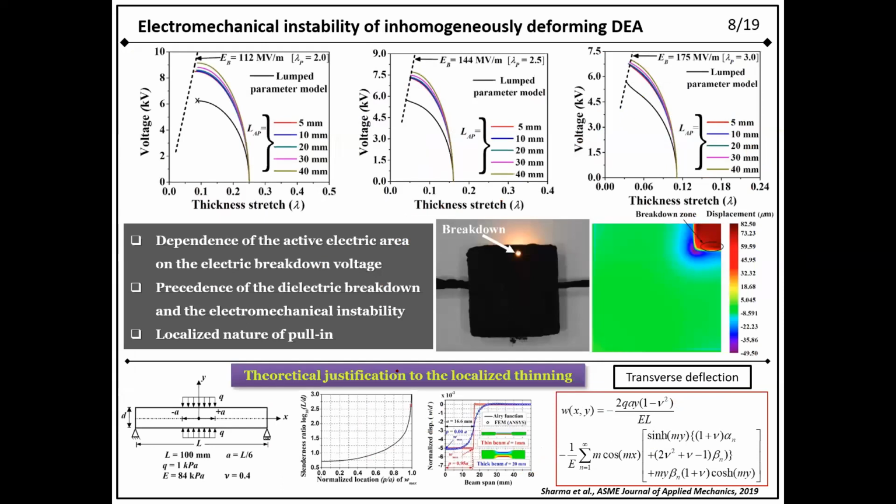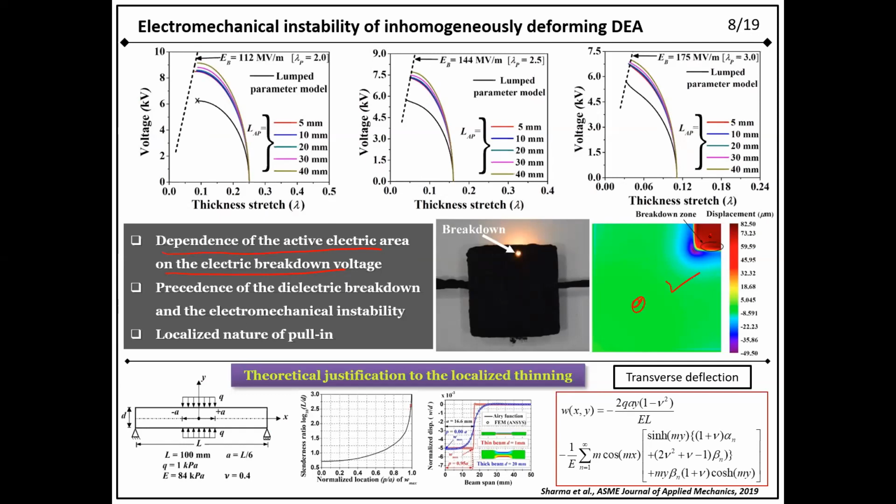For a particular case, this is the response, or the displacement profile, the thickness displacement profile. Here the deformation level is different, and here the deformation level is different. So it is a case of inhomogeneous deformation.